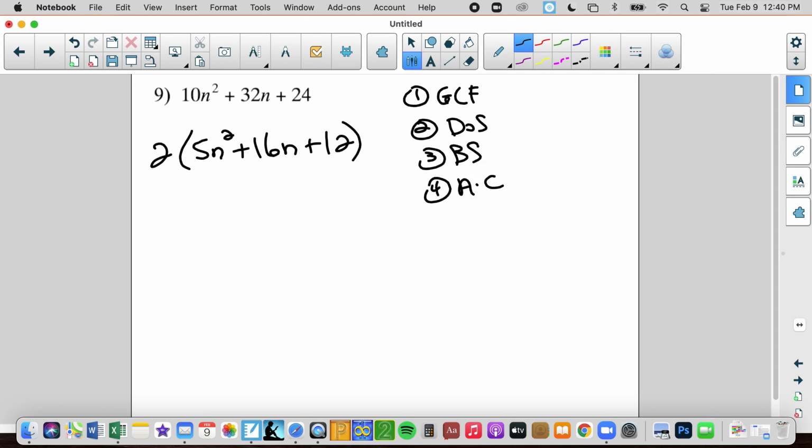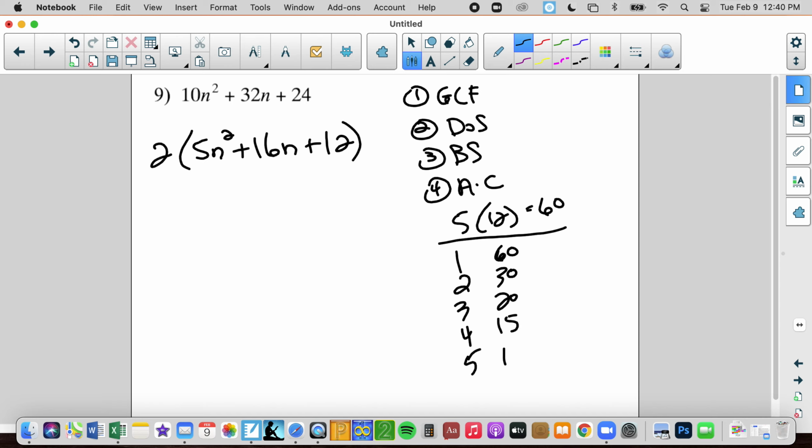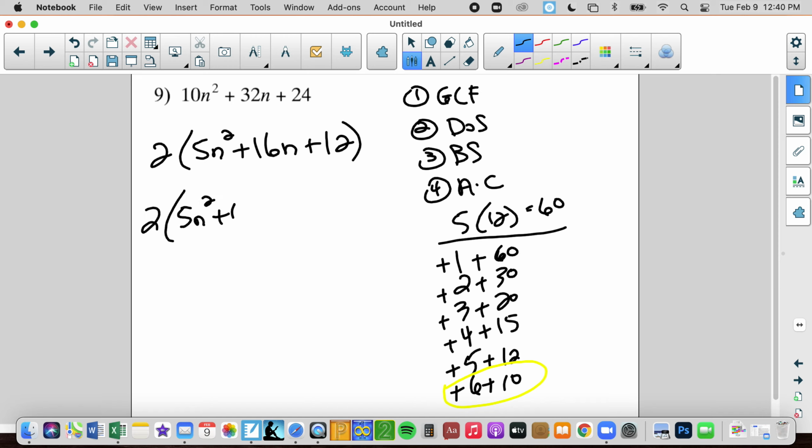A times C. A is 5, C is 12, 60: 1 and 60, 2 and 30, 3 and 20, 4 and 15, that's a tricky one, 5 and 12, 6 and 10. Signs are the same, both are positive. Equaling 16 would be my last two, 6 and 10. So we get 2 times the quantity 5n squared plus 6n plus 10n plus 12.